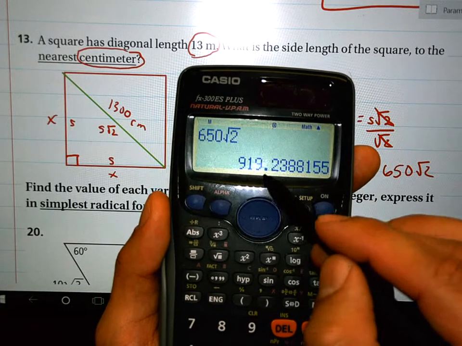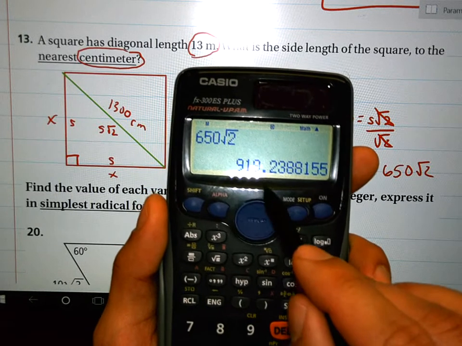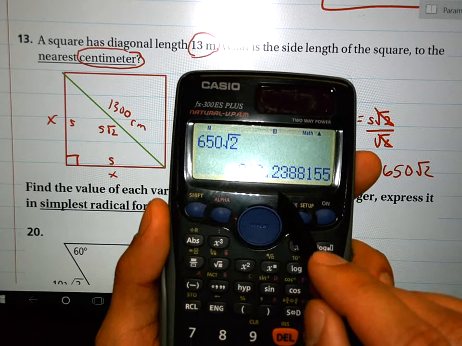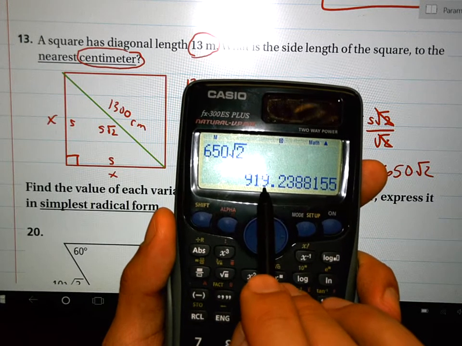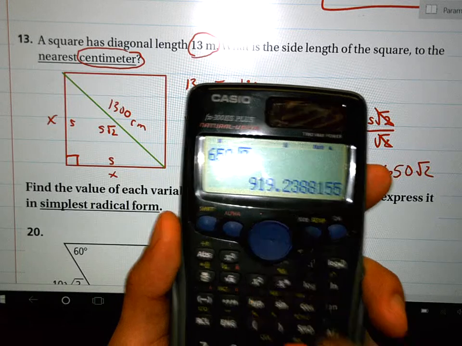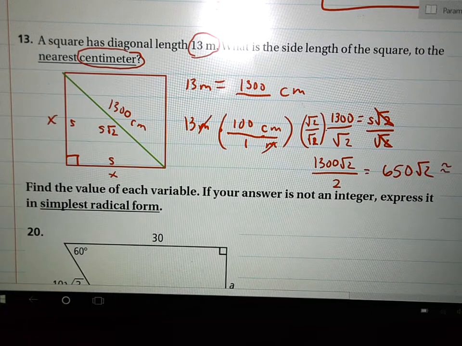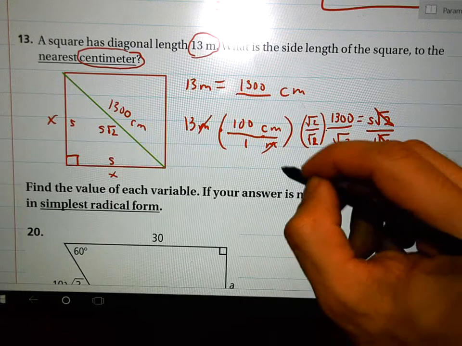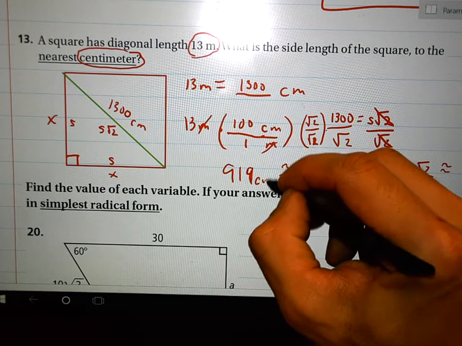Switch it to a decimal if your calculator doesn't have it in decimal form. It's 919.23 to the nearest centimeter. Does it round up? So it's just 919. This is about 919 centimeters.